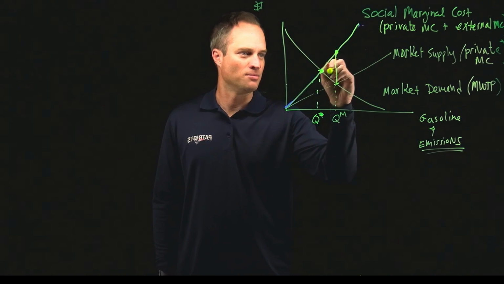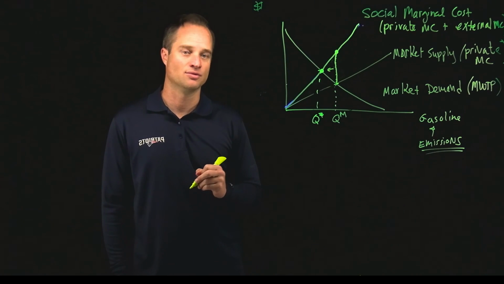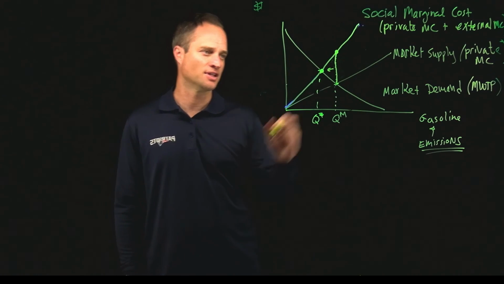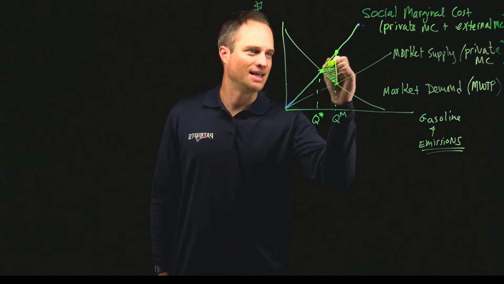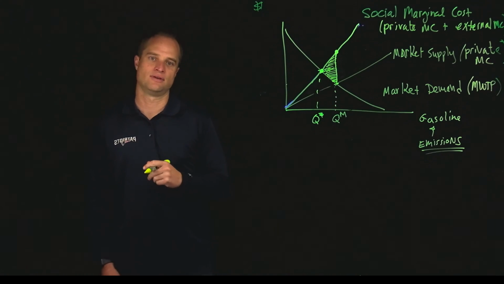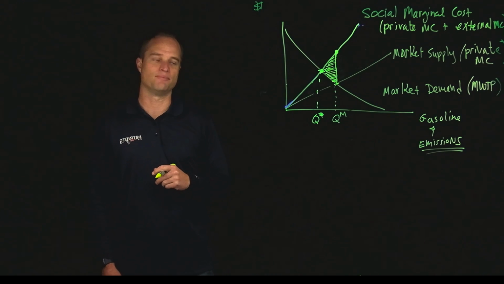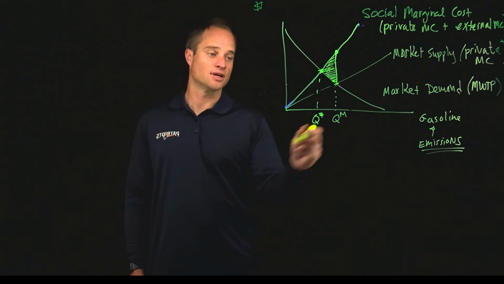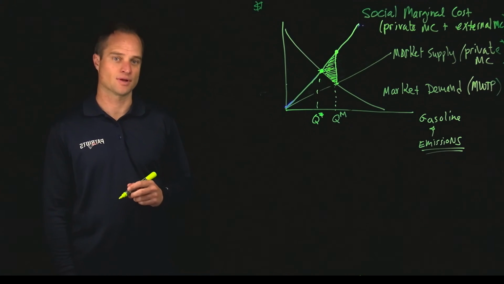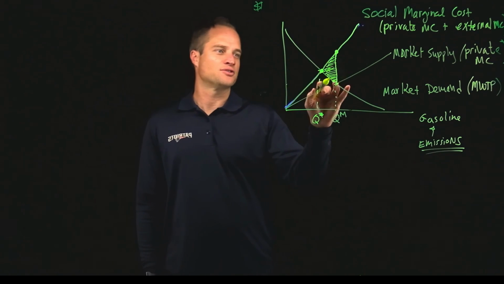And so we want to be at the efficient level. This represents the gains that can be achieved through environmental regulation or through reducing emissions to the efficient level. So you can see a triangle like this.